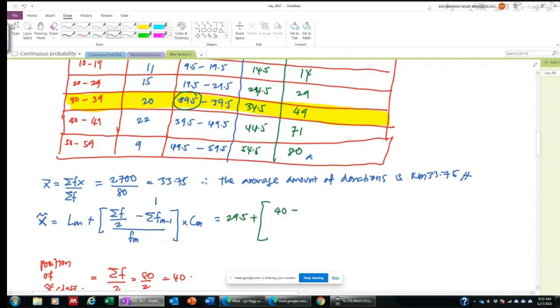And then the cumulative frequency before the median class is equal to 29, and frequency of the median class equal to 20, right? Multiply with the class size, 39.5 minus 29.5 should be equal to 10. So this will lead you to 35, right? So this is how we do it.